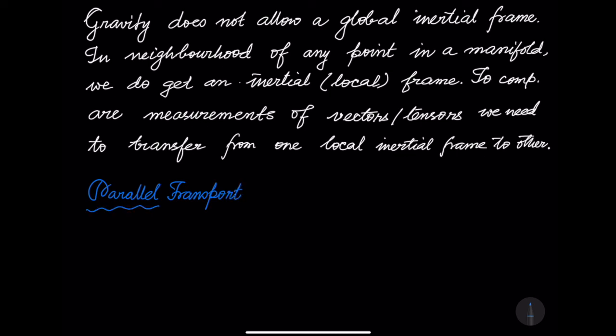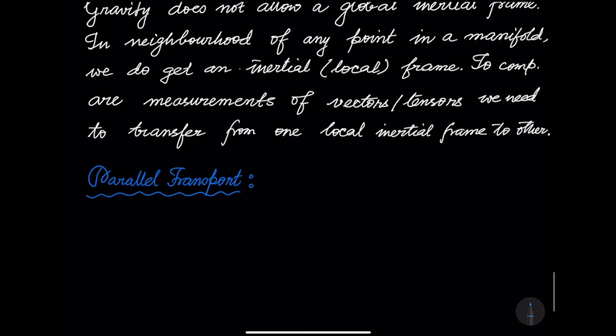So what is parallel transport? Well, if I am living in a two-dimensional flat world, just like the surface of this board, say I have a line here, and I have a vector which I want to move.